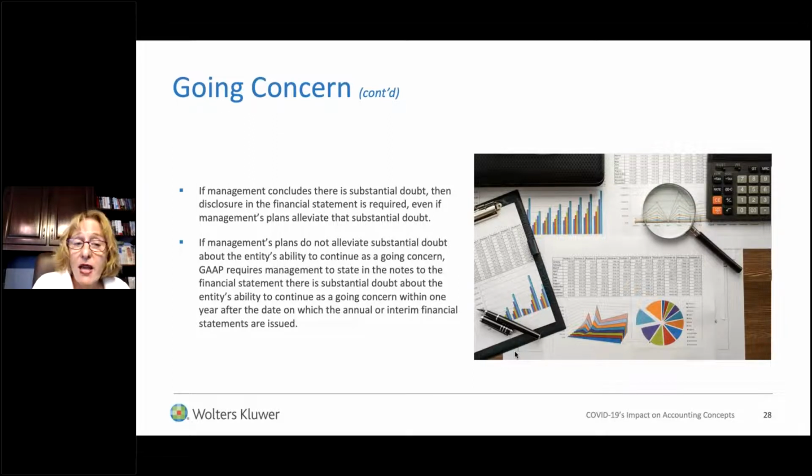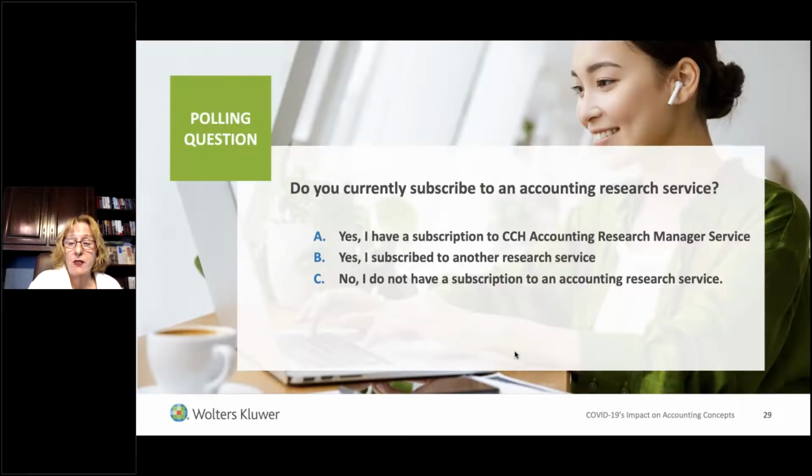If management plans do not alleviate that doubt about the entity's ability to continue as a going concern, then there's GAAP that requires management to state in the notes to the financial statements there is a substantial doubt about the entity's ability to continue as a going concern within 1 year after the date of the financial statements.